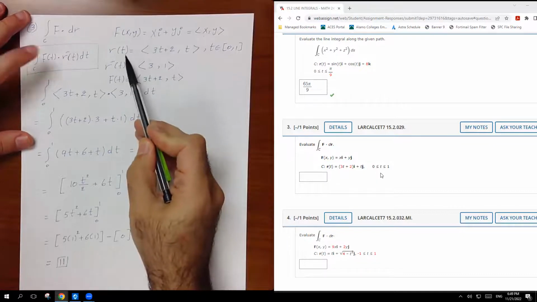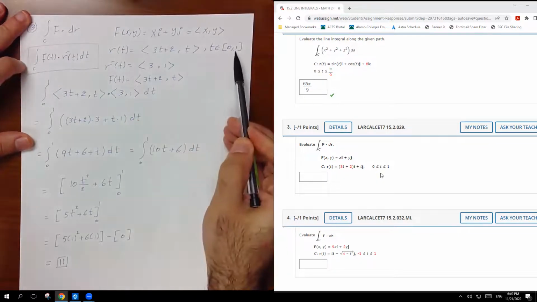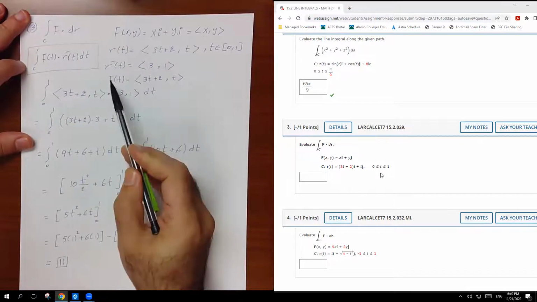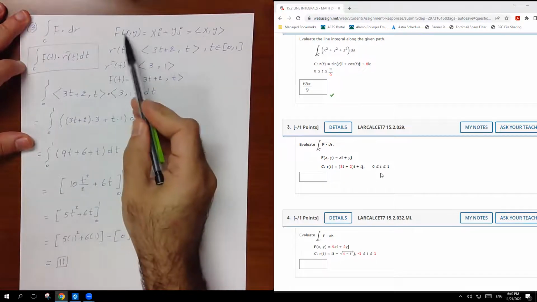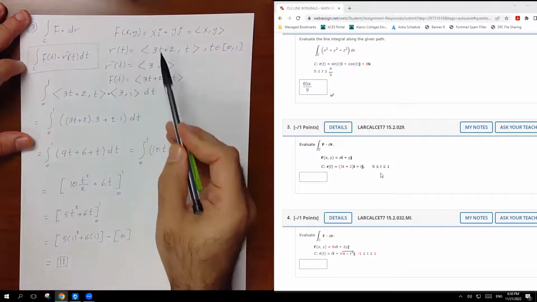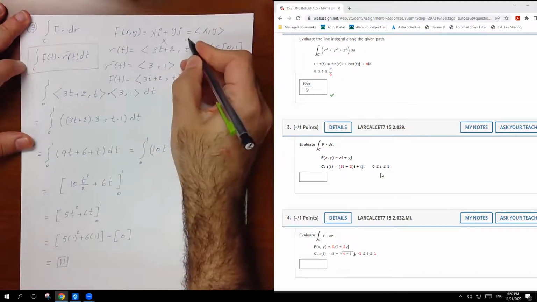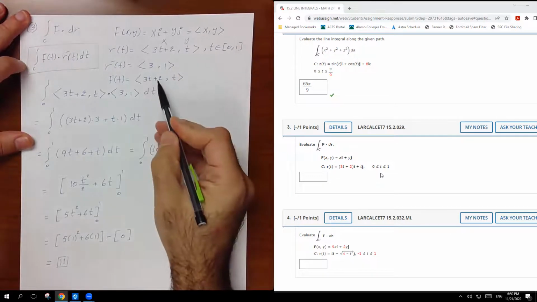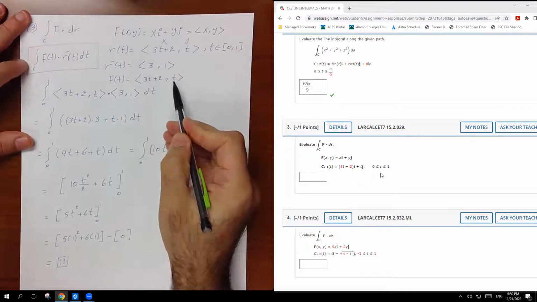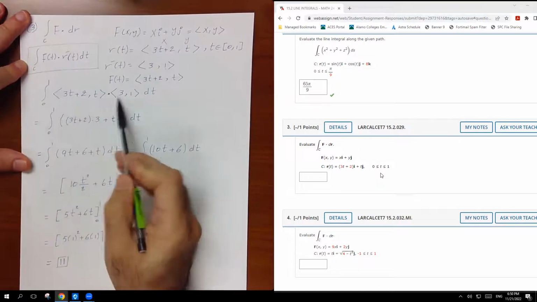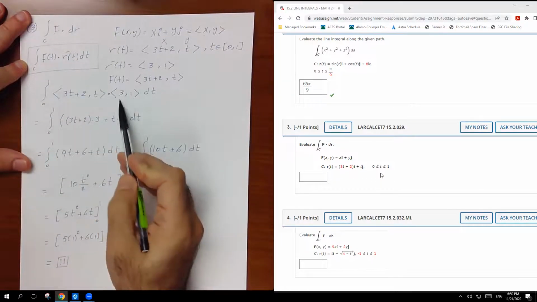I'm going to write down the component form. Here is r of t between 0 and 1. R prime is going to be 3, 1. Now F of t, because now we have F of x, y, we plug in: this is the x, and this is the y. So it will be 3t plus 2, and here is t. Now the integral from 0 to 1 of F of t dot with r prime of t dt.